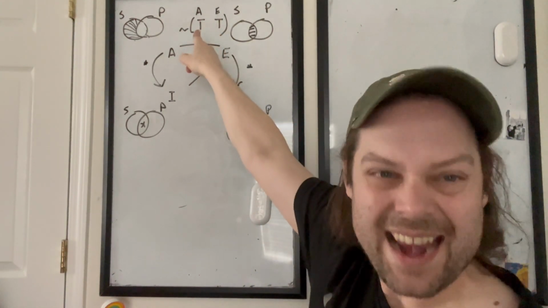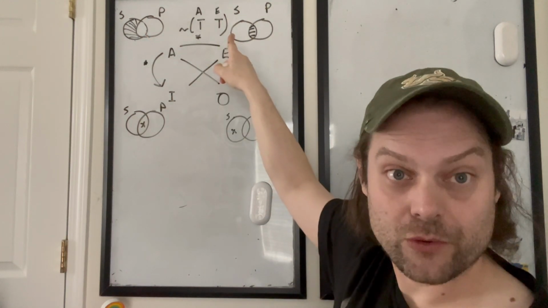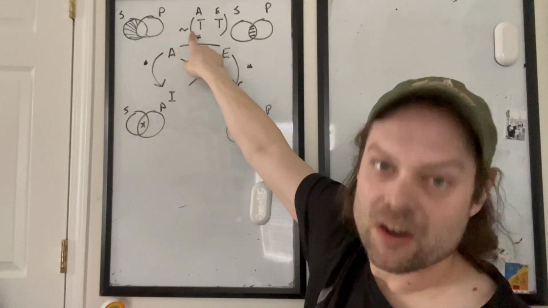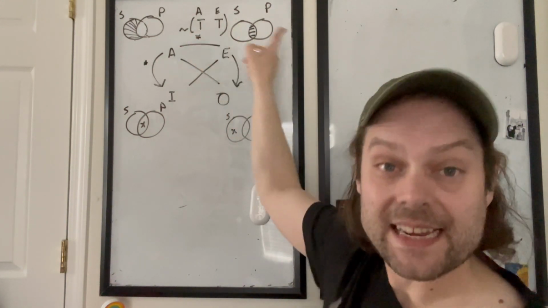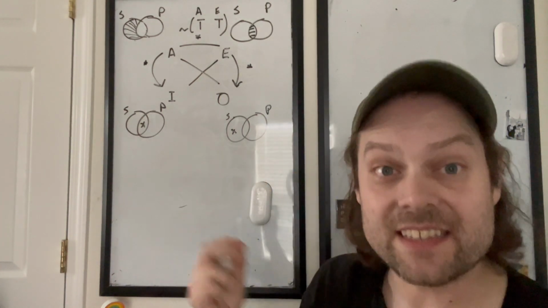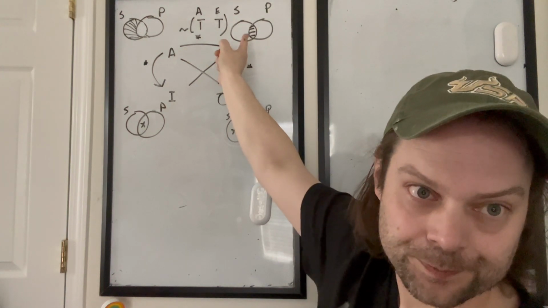But what you can't have is a true A statement and a true corresponding E statement when we're assuming existential import. That does happen, of course, when we have an empty category. If there are no S's at all, then yeah, both of these are true.